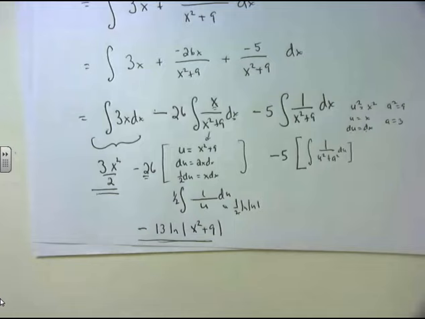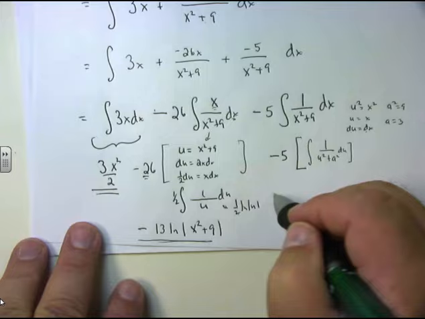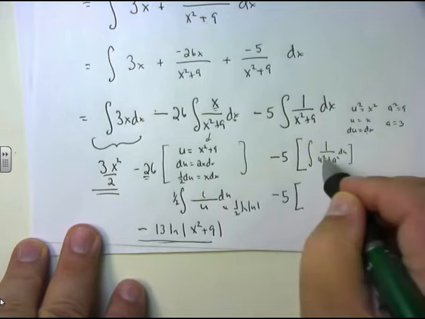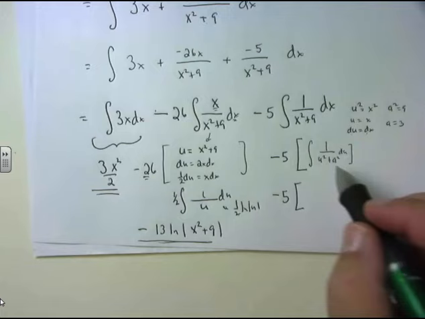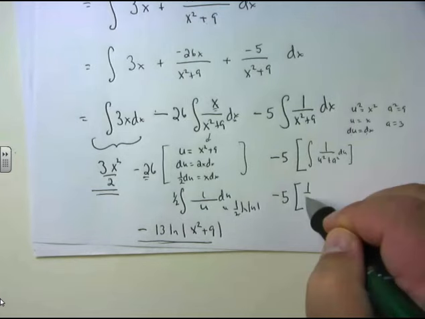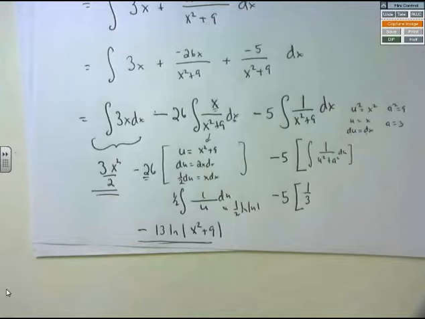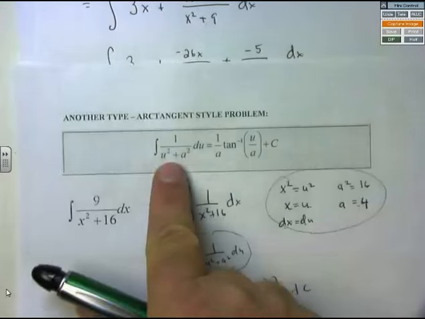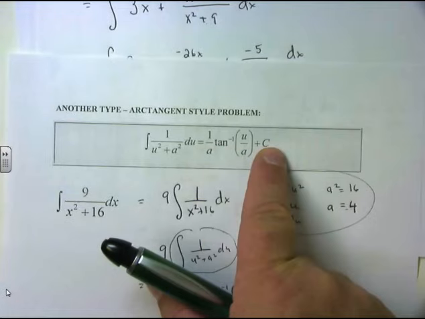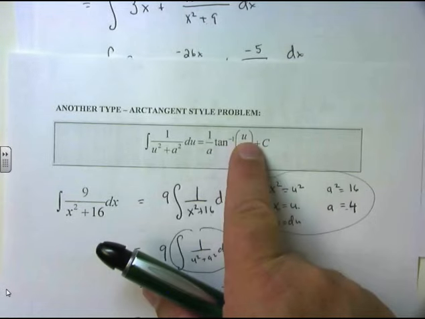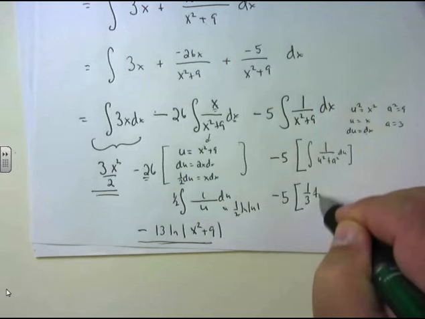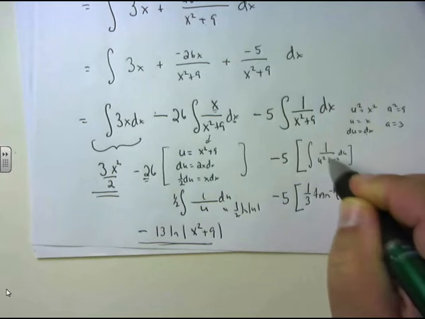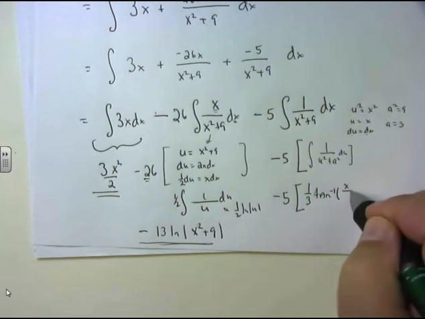So minus 5 is a constant. Applying my formula, which is 1 over a, tangent inverse of u over a, plus c. 1 over a, that'll be 1 over 3. And again, I'm just substituting into this formula. A was 3 and u was x, so that would be 1 over 3 tangent inverse of u, which is x, over a, which is 3.